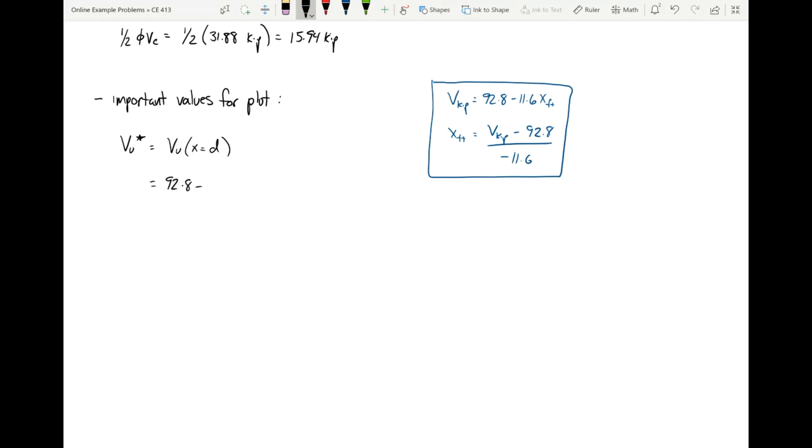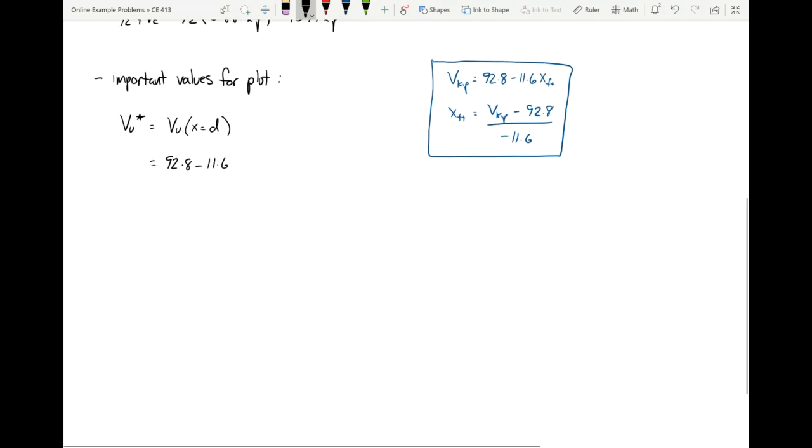92.8 minus 11.6. Now d for this beam is 24 inches, and this is why I have the equation written this way. This is my quantity for x, 24 inches, but the equation says I have to plug in x in feet. So I need to do a unit conversion, 1 per 12 inches.